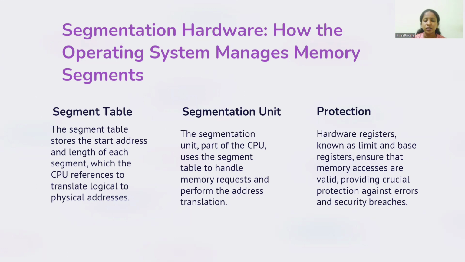Segmentation unit: it is a part of the CPU that uses the segment table to handle memory requests and perform the address translation. Protection: hardware registers known as limit and base registers ensure that the memory accesses are valid, providing crucial protection against errors and security threats.